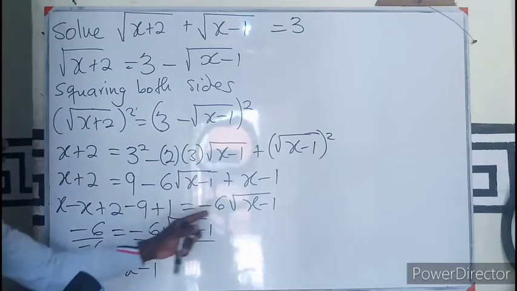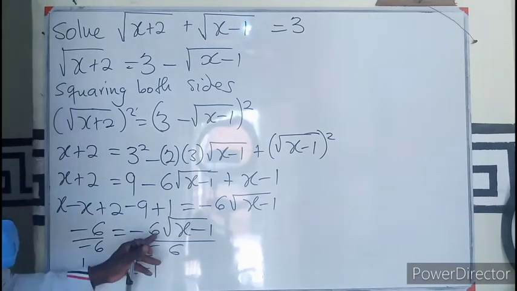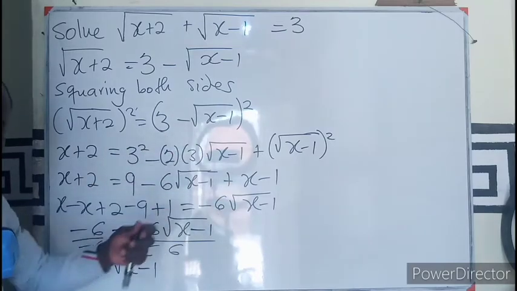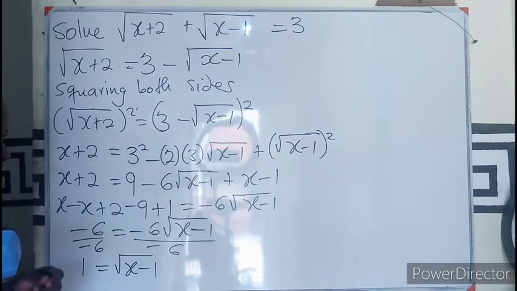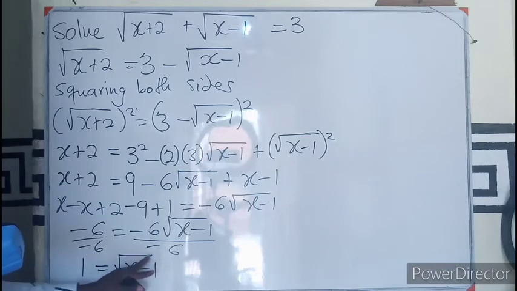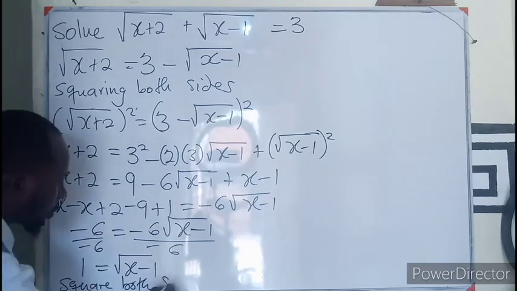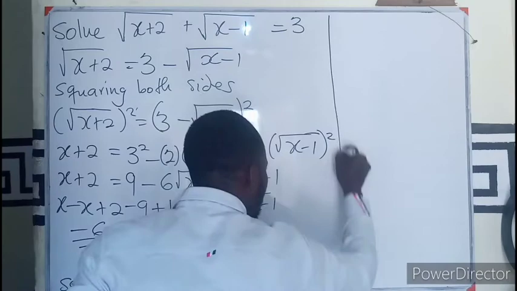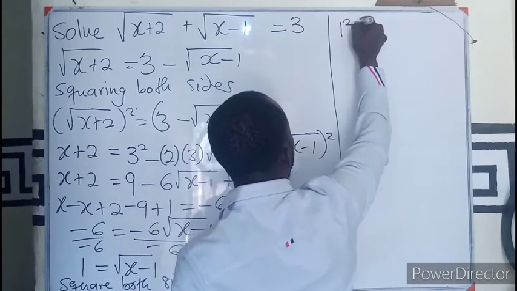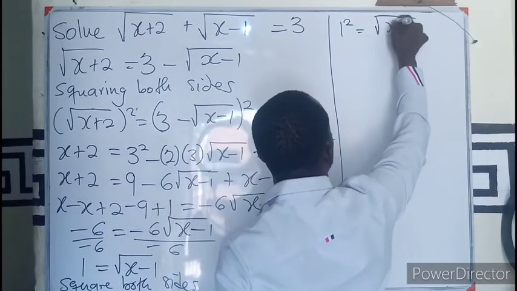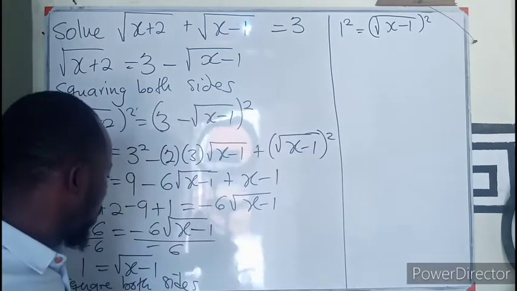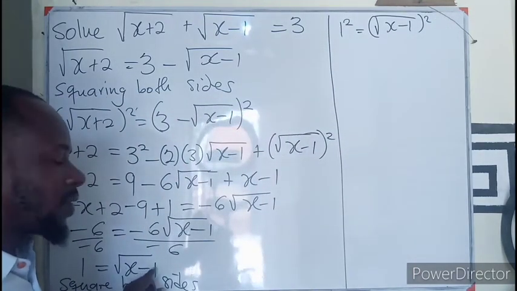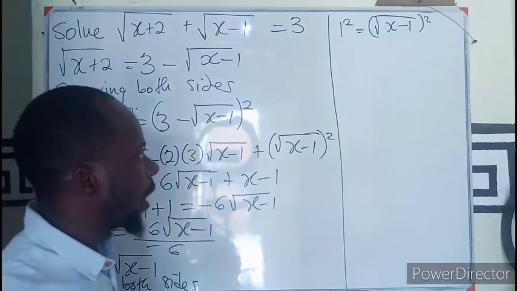You could have also squared both sides, but it will have increased the 6 to 36 at both sides. Still, if you divide by 36, you still end up getting 1. So I'll only square here. That is going to be 1 squared equals to root of x minus 1 also squared.